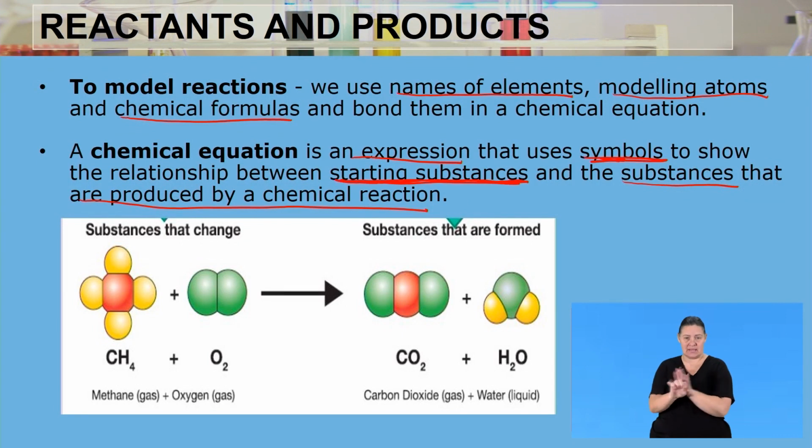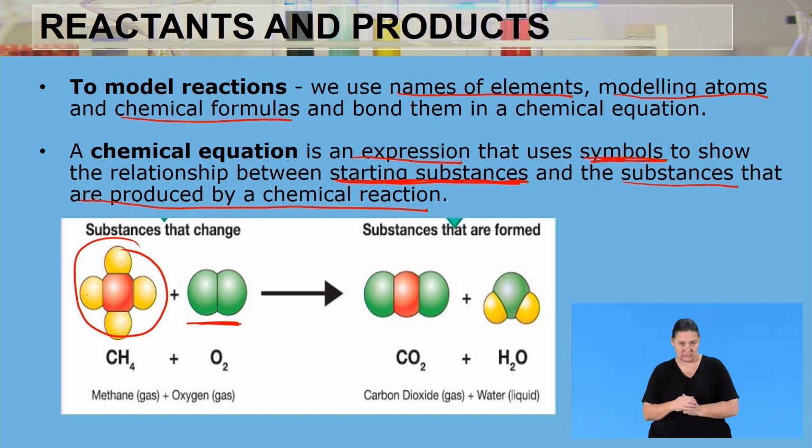For an example here, we have CH4 plus O2. We have the modeling atoms here to show that the yellow substances are the atoms of hydrogen, the H, and the red substance at the center is the model of an atom of C. Each of those hydrogen atoms is chemically bonded to the C atom.